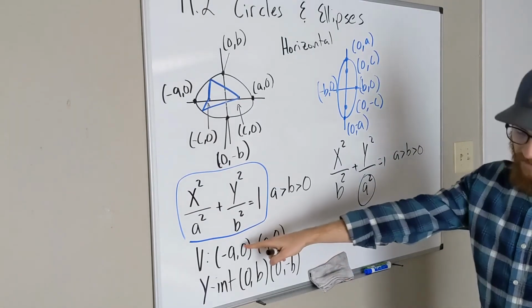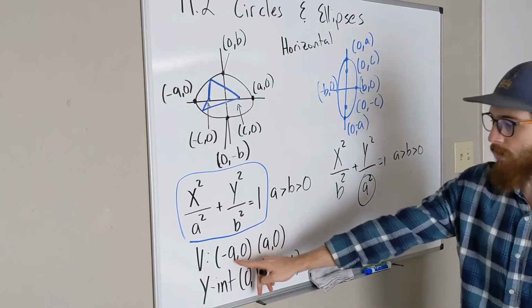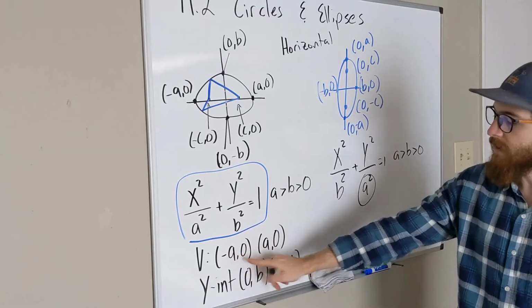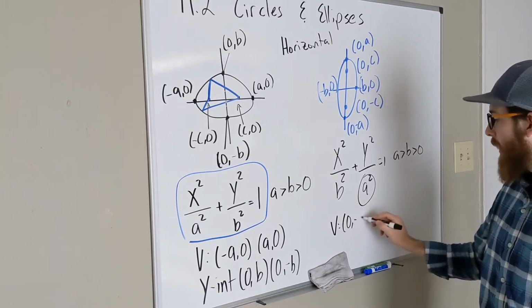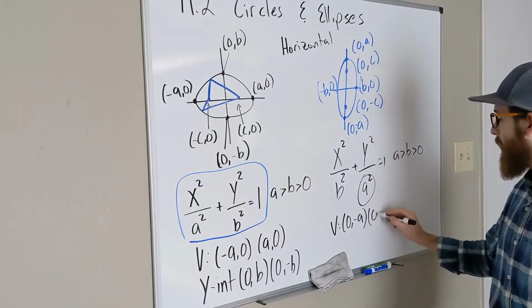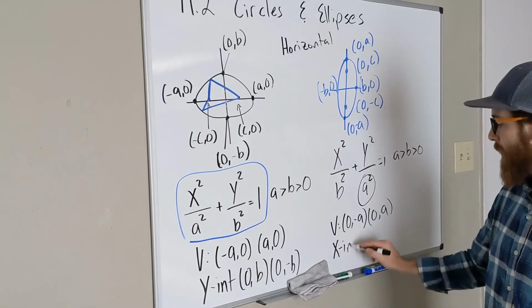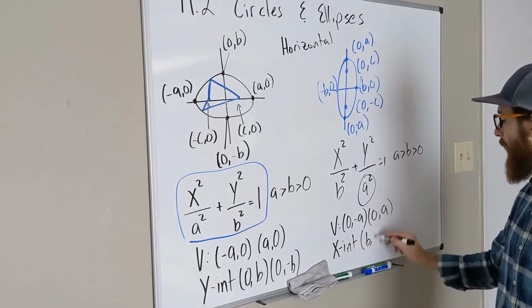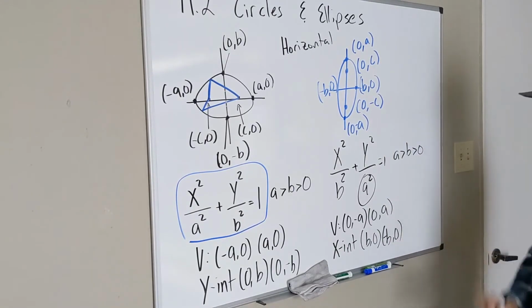Now, the vertices are just going to be the same a, but instead of negative a, 0, it would be 0, negative a, 0, a. The x-intercepts would be b, 0 and negative b, 0.